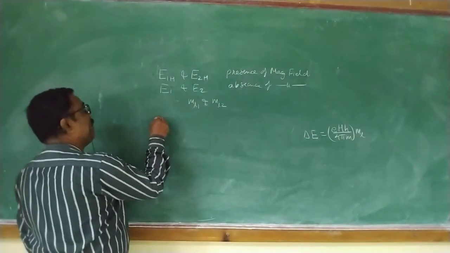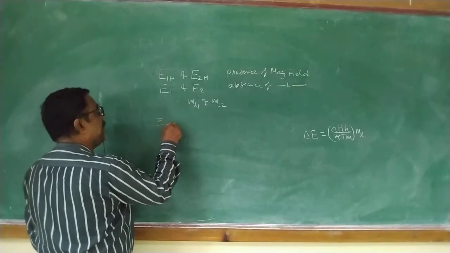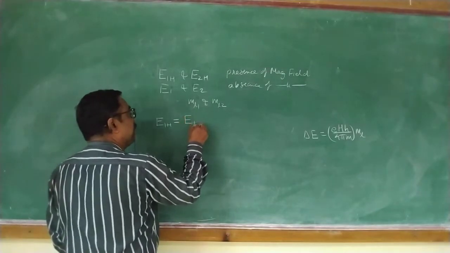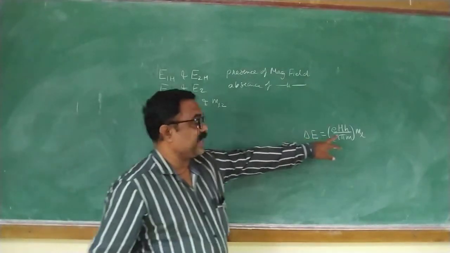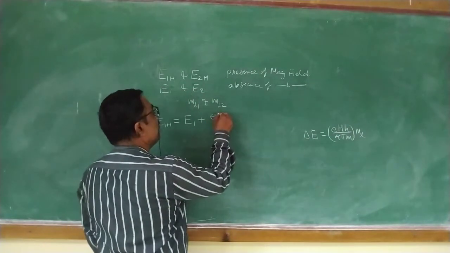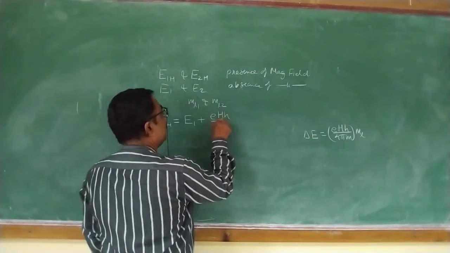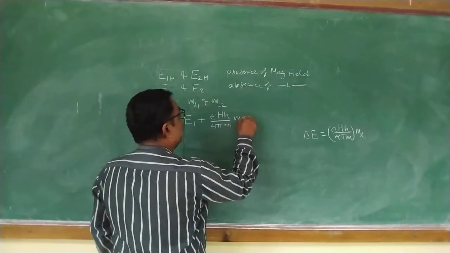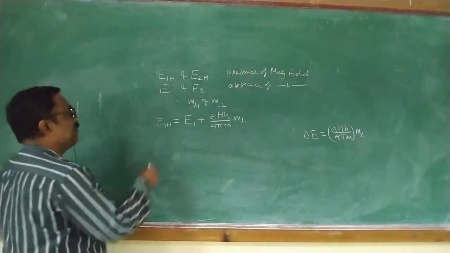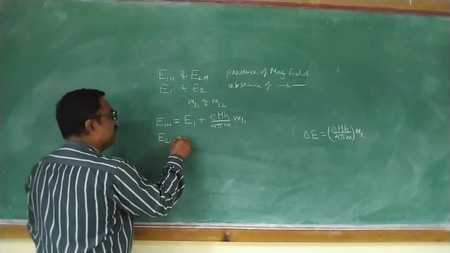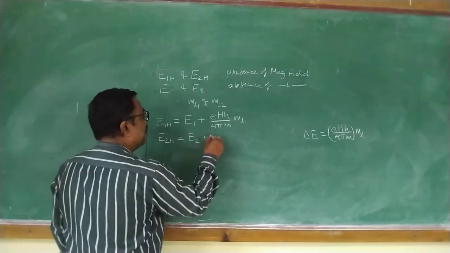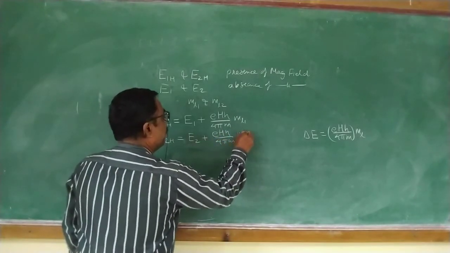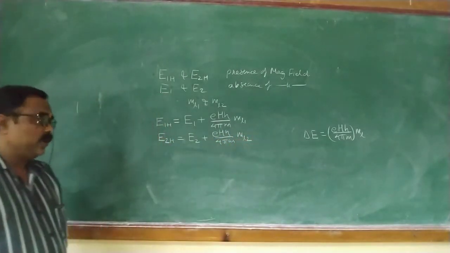If we take ML1 for this one and ML2 for this one, the energies given will be: E1H will be equal to E1 plus EH divided by 4 pi m into ml1, and E2H will be equal to E2 plus EH divided by 4 pi m into ml2.